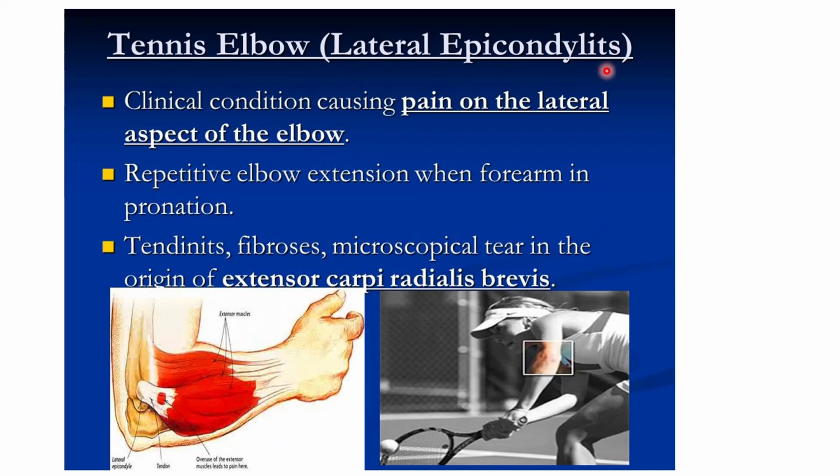The main cause is injury or sprain involving the lateral or radial collateral ligament. There may also be tendinitis, fibrosis and tear related to the origin of the extensor carpi radialis brevis, which is closely related to this ligament.